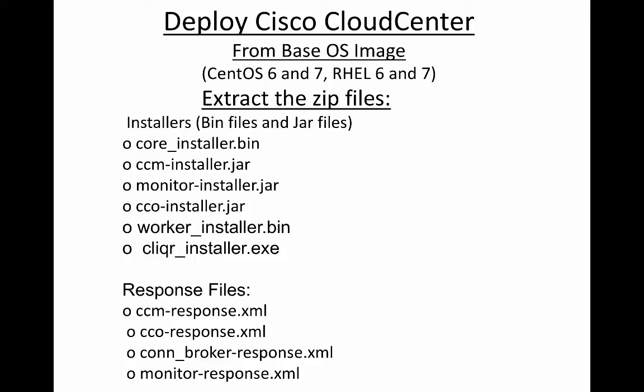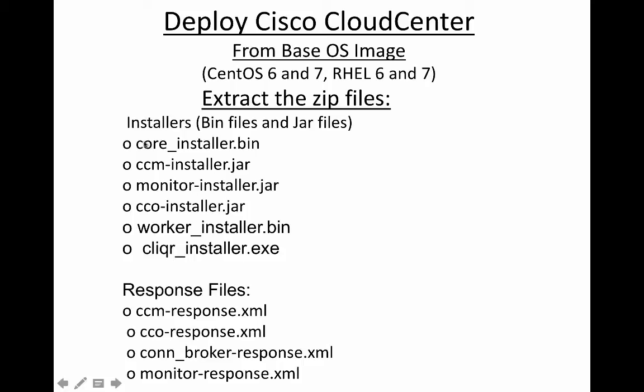Now I'm coming to the stage where you deploy from scratch, like Azure. There are no appliances or images created for Azure, or any other private or public cloud. So you can download those bin and ZIP files from support.cisco.com, and once you extract them, you'll see a few things.